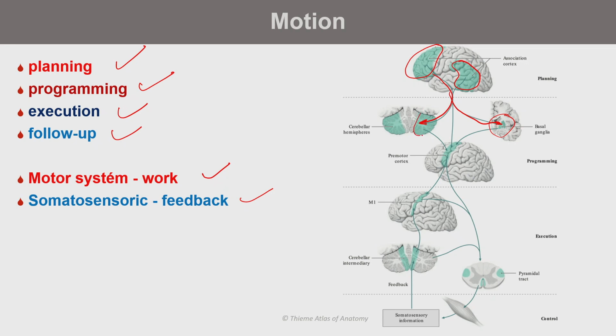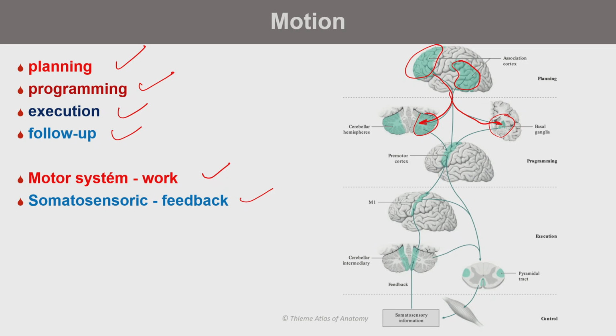And then also important is the cerebral hemisphere, so neocerebellum, because it is the coordination of the motion preparation, and it is one of the most important players in coordination of motion.